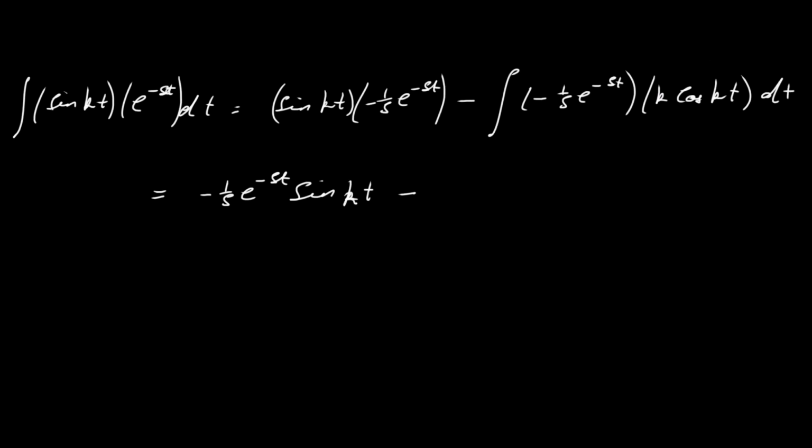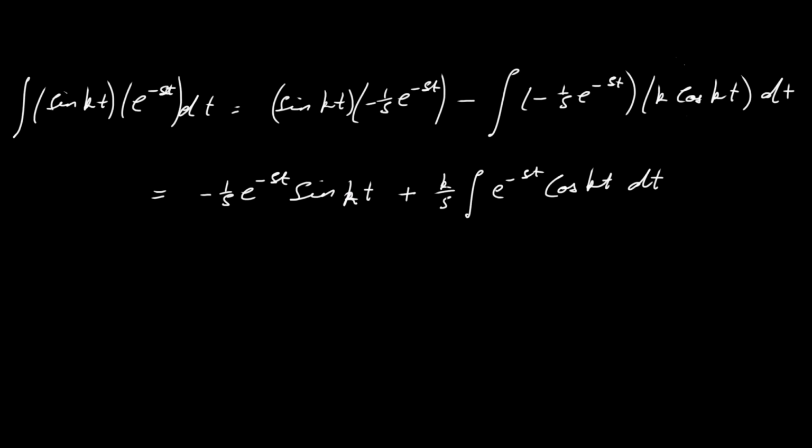I'm going to do the signs first again, so minus times minus is plus. I'm going to look for constants here. I've got a 1 over s and I've got a k here. So again, as before, I can take those outside the integral sign. So I've got k over s times the integral of e to the power of minus st, and I have this left, so I've got cos kt dt.